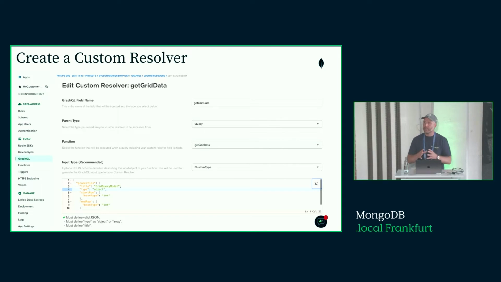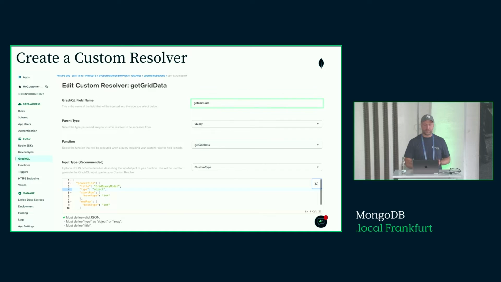So now you can enhance your already existing generated GraphQL schema by implementing custom resolvers here. And you start, obviously, by giving it a name. The next thing you will do, you need to define the parent type. We have query as top parent type, or mutation as well. Or you can implement single fields in the already existing schemas.